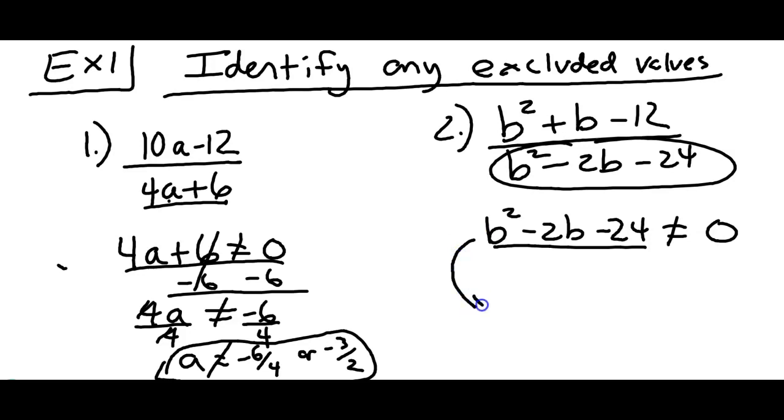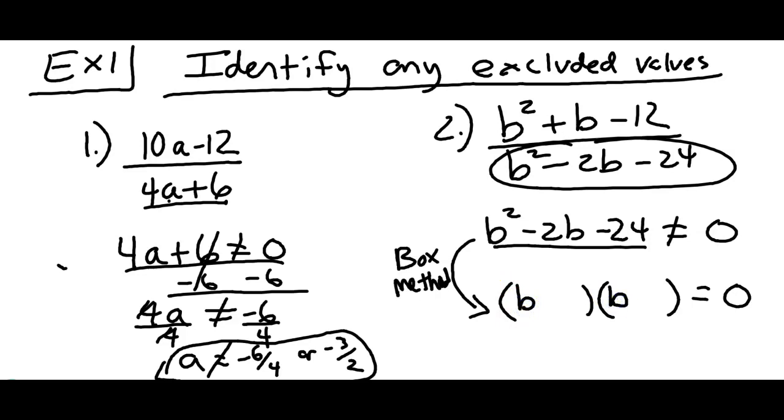Now, I'm not going to show the work for the box. I'm just going to say do the box method. If I were to use the box method on this, I would get negative 6 and 4, I think. The 6 is the negative one, 4 is the positive.